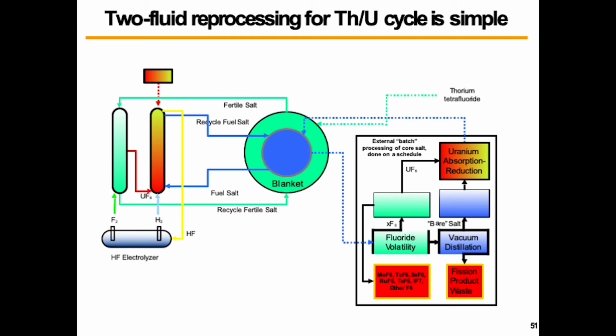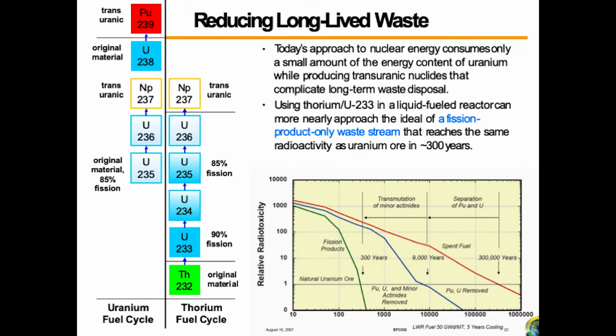Then the extracted UF6 can be reduced by hydrogen back into the salt and put back in the core. And you can accomplish it with standard off-the-shelf components. And there's also a similarly easy process, compared to the uranium-plutonium cycle, to separate the fission products.